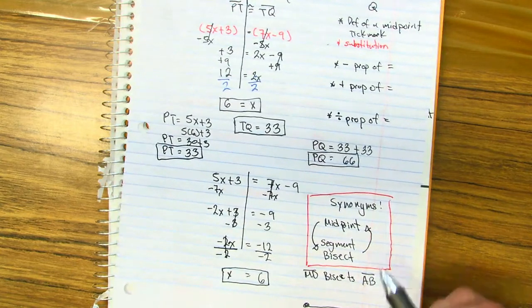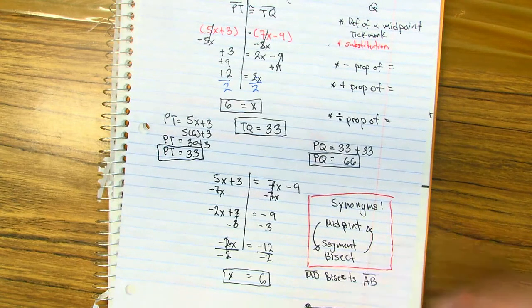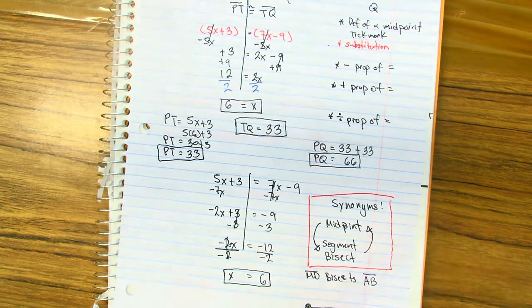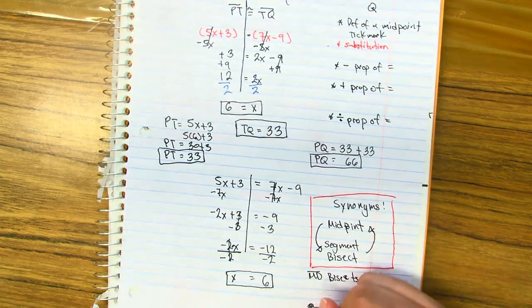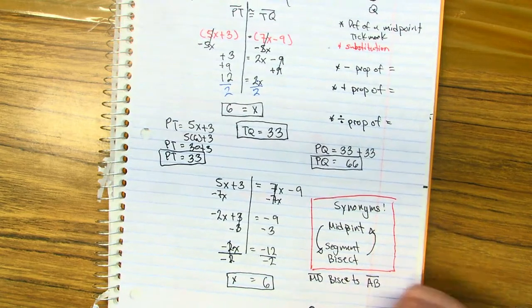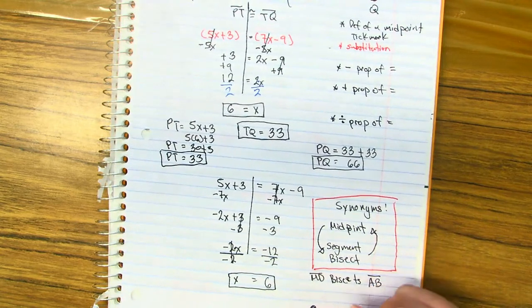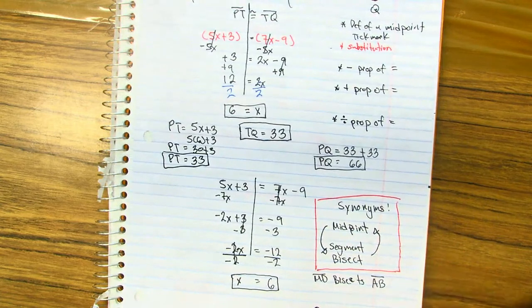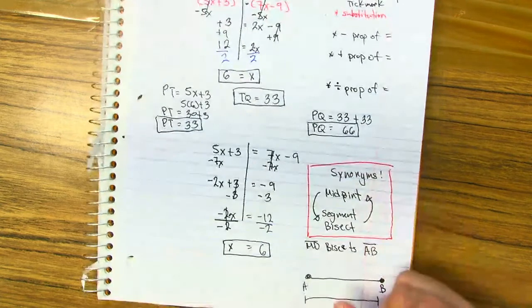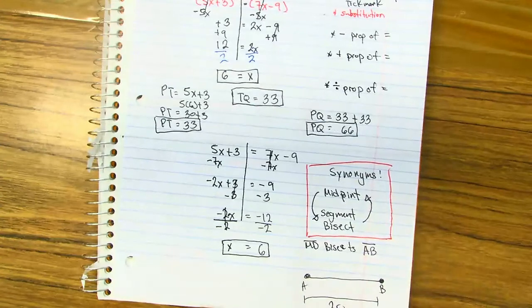Well, you kind of do, but so here this is segment AB, and this has the value of 20.